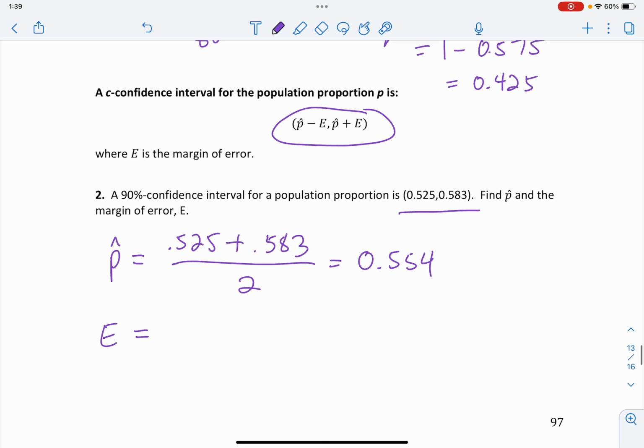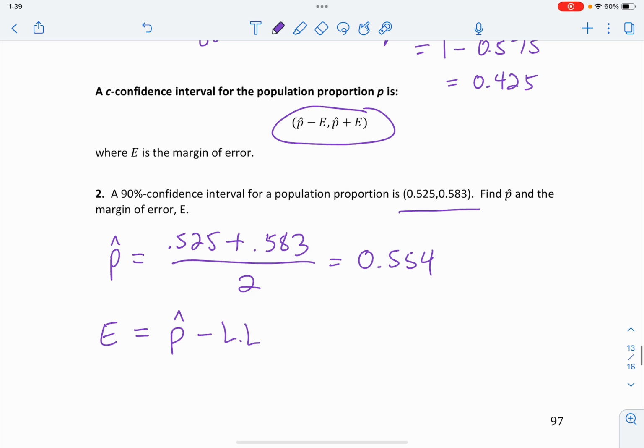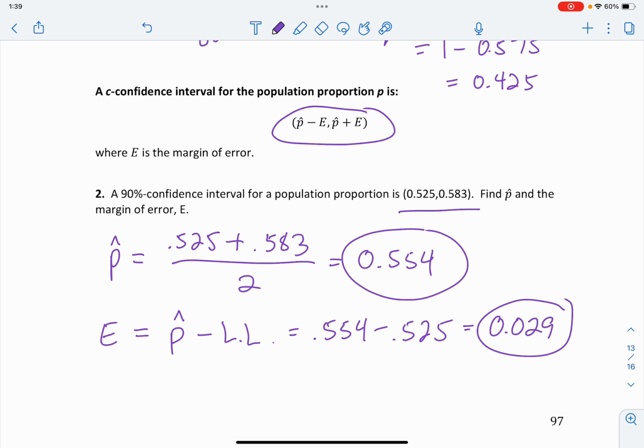We have p hat, as the middle, minus the lower limit. It's similar to 6.1 when we were using the x bar, but now we have the p hat. So it's the sample proportion minus the lower limit, basically the distance from the middle to the end. So this is 0.554 minus 0.525, and 0.029 would be the margin of error. Okay, so those problems work out similar to what we've been doing. Just new notation that I've got to remember to use.